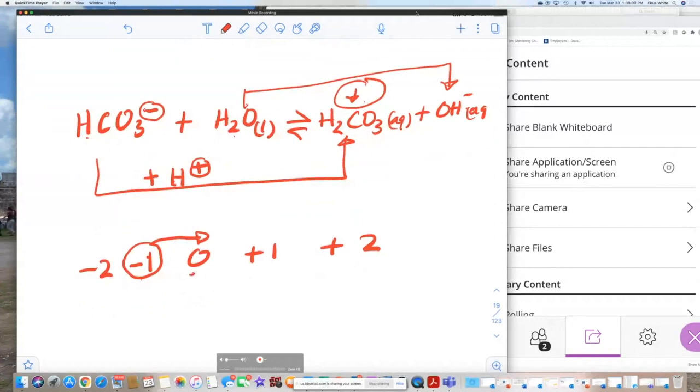You're forming a neutral compound. If you're starting here and you're forming a base, it becomes even more negative. So this would be the base charge in the end, and this is the acid charge in the end, depending on where you're starting. If you're starting here forming an acid, it becomes more positive. If you're starting here forming a base, it becomes more negative.